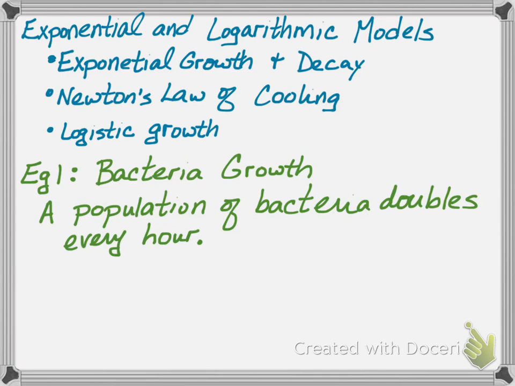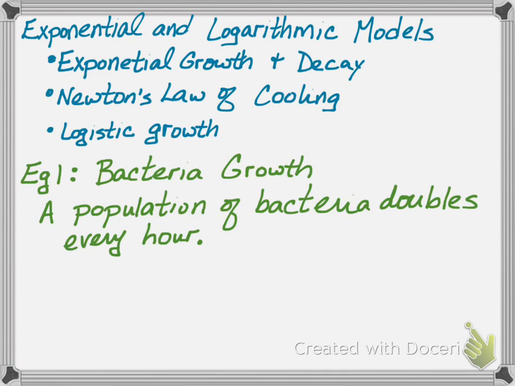If you started with a single bacteria, in an hour you'd have 2, in 2 hours you'd have 4, in 3 hours you'd have 8, and so on. That would look like 2 to the power x minus 1, where x is the time, in hours.